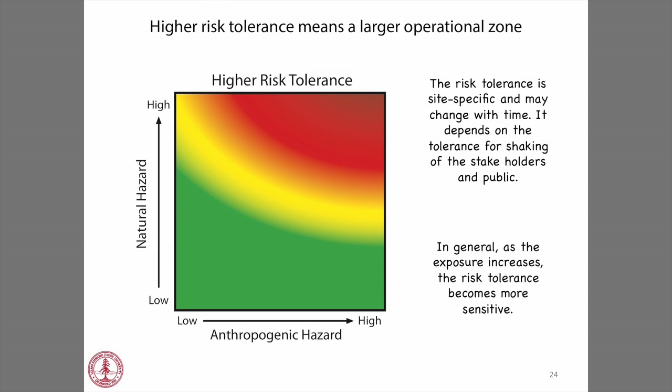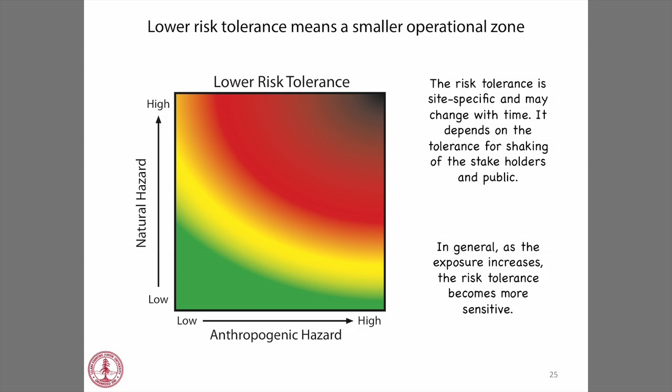But what's noteworthy, so here's a higher risk tolerance, this is what I was showing you before, but if you have a lower tolerance for risk in an area, perhaps because the exposure is high, or maybe the community itself just doesn't really have the patience for ground shaking, then you might find that your risk tolerance matrix would look a little different, and the green section of this operational OK zone or operational go zone would be considerably smaller compared to other risk tolerance matrices.